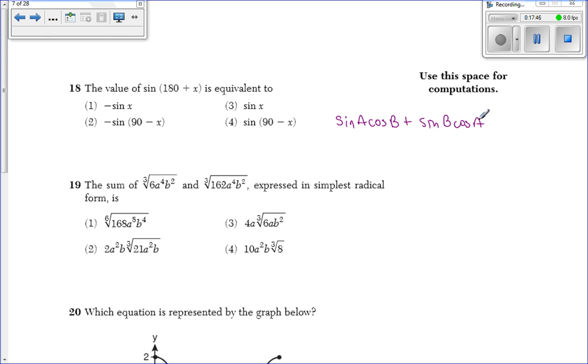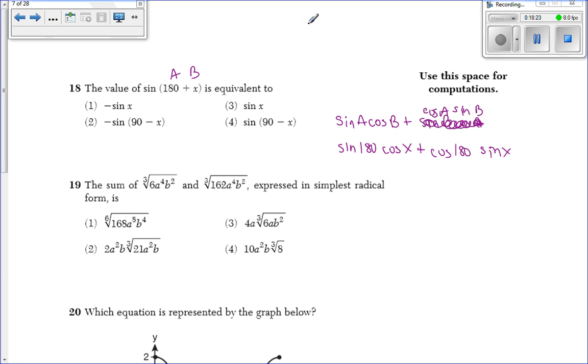I changed the order, but I'm going to multiply everything in there. So it should be cosine A sine B. My mistake there. I'd still get the same answer. But this is A, this is B. So it's the sine of 180 cosine x plus the cosine of 180 times the sine of x.